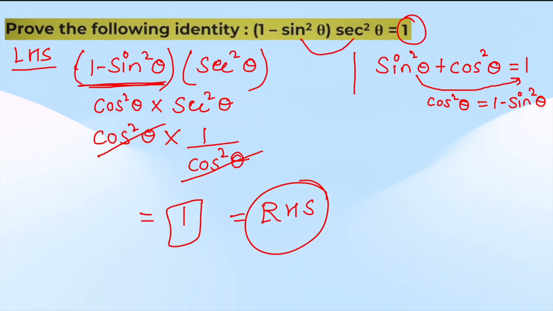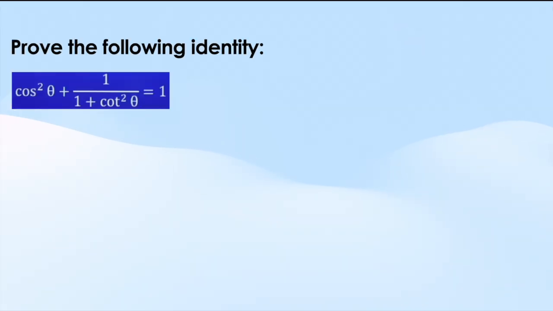What we have to do in these types of questions, whenever we have to prove any identity, is try to convert from one trigonometric ratio to another. That's the only point. Now see the next question. Here we have the relation between cos square theta and cot square theta. Again the same thing.